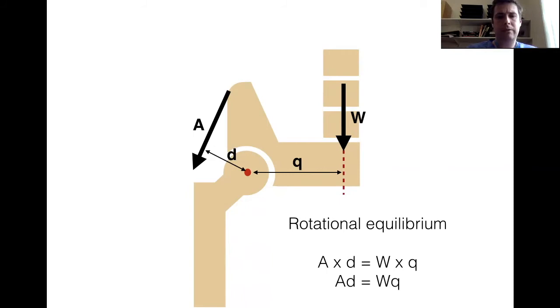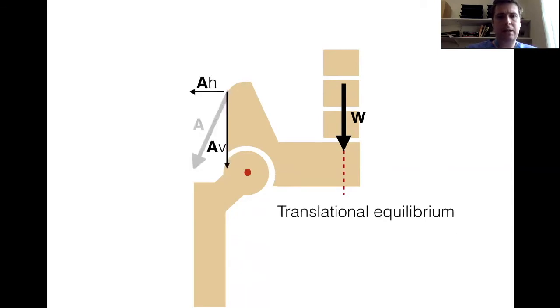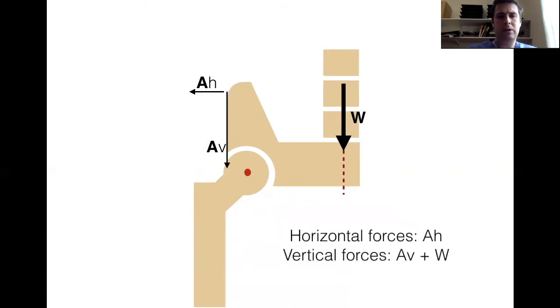So once we've resolved for rotational equilibrium, we can then look at translational equilibrium. First thing we do here is convert our vector A into both a horizontal and a vertical component. So the forces we have in the horizontal direction so far are the horizontal component of A, and in the vertical forces we've got AV, and we add that to W because they are both working in a downward direction.